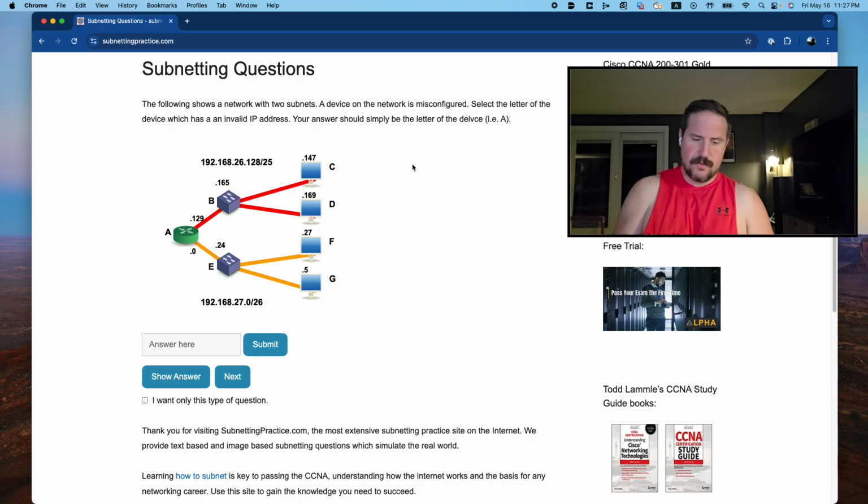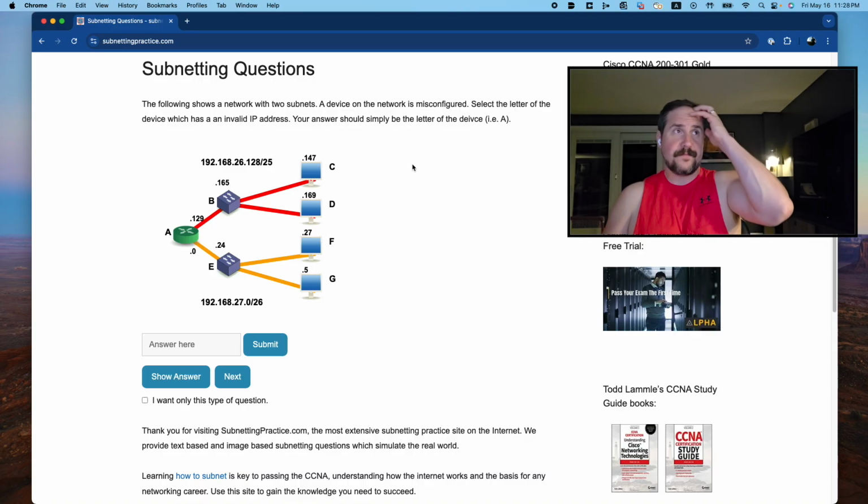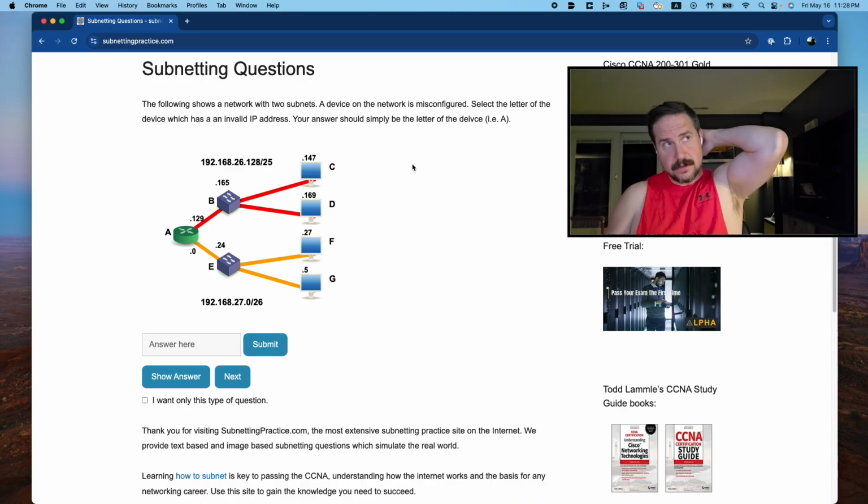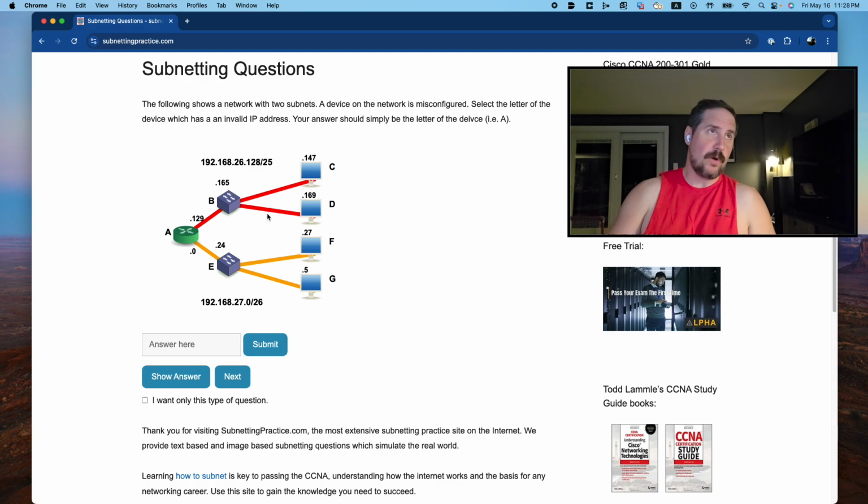going to go from 128 to 255 for this first subnet, the red one. 128 to 255.